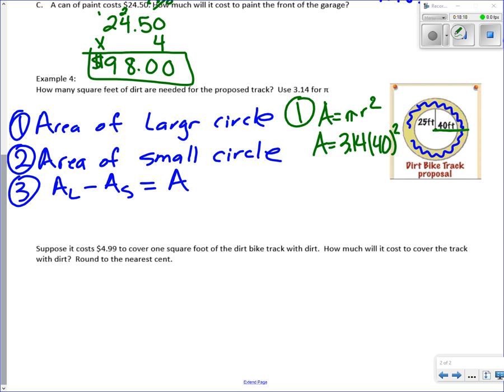I know 4 times 4 is 16, add my 2 zeros. So 40 squared is 1600. Now I have to multiply 1600 times 3.14. Here, I'm going to put my 3.14 on top, because I know that's 0, that's 0.